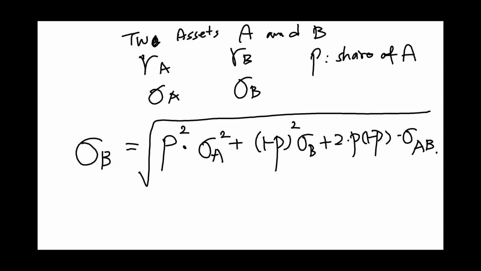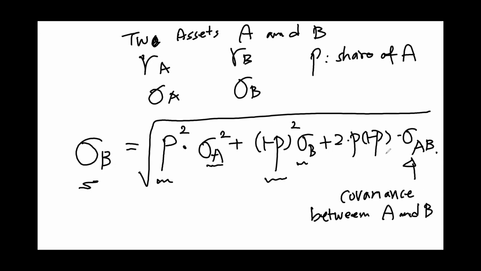So what it means is that risk of your portfolio depends on share of each asset in your portfolio, risk of each asset. And this is covariance between A and B. Okay, so the risk of your portfolio depends on risk of each asset in your portfolio, share of each asset in your portfolio, and how these two assets are correlated, captured by the covariance between the two.